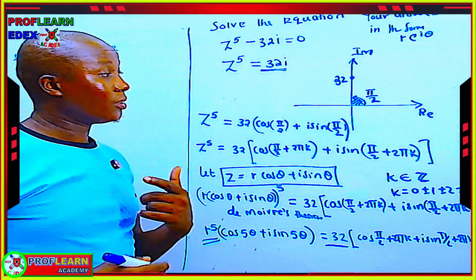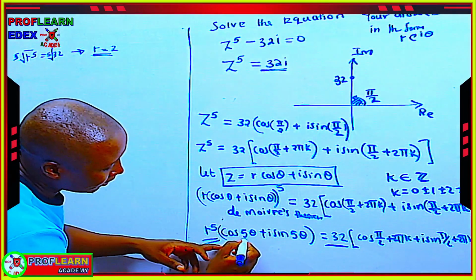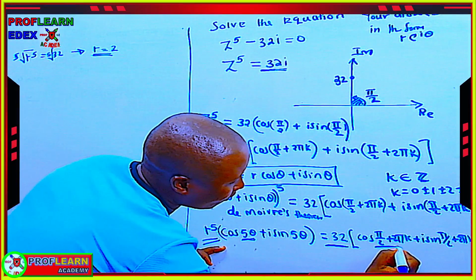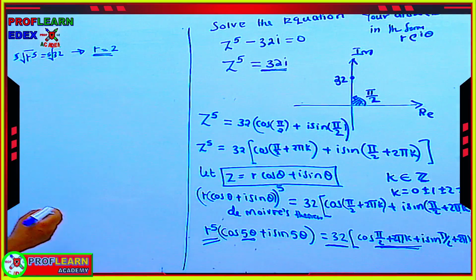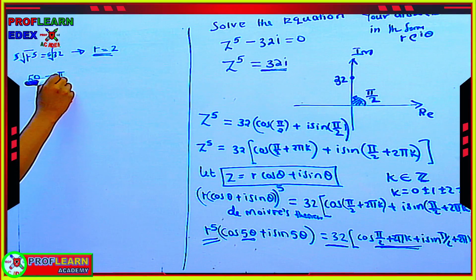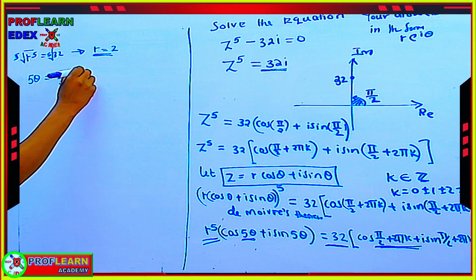The next thing we're going to do is equate the arguments: 5 theta is equal to pi over 2 plus 2 pi k.